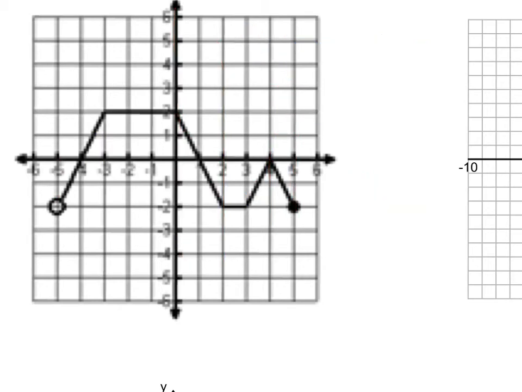Lastly, where is the graph constant, meaning not changing in value? There's two places, right here at its peak and down here at its bottom point. You might be tempted to give the y values, but remember these are parts of the domain.